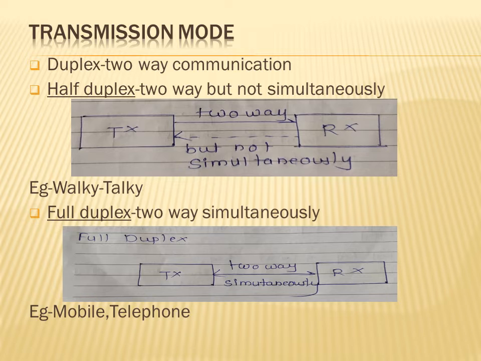Examples of full duplex are mobile and telephone. There is a transmitter and a receiver, and data transfer takes place simultaneously. In a telephone and mobile, we are talking and hearing simultaneously. So this is full duplex.